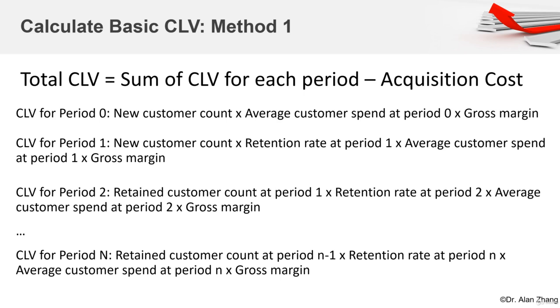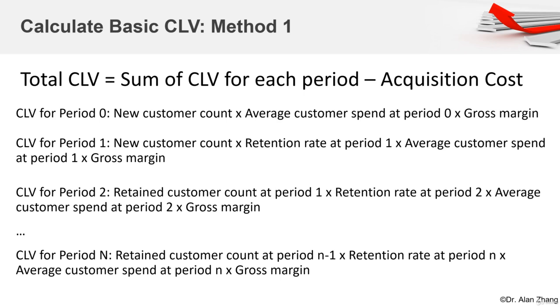So basically, you need to calculate CLV for each of those periods until you don't have any customers left. And then you sum up all the numbers you got from those calculations and minus acquisition cost. That will be your total CLV.